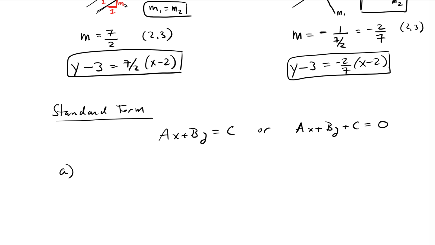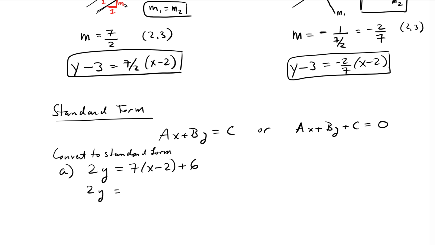And I'm just going to show you how you can write down the equation of a line in standard form. So let's say you've got a linear equation and you want to convert that into standard form. So the question would be: convert to standard form. Essentially you want to have your y's and your x's on the same side. The first thing you'd probably do is expand this.